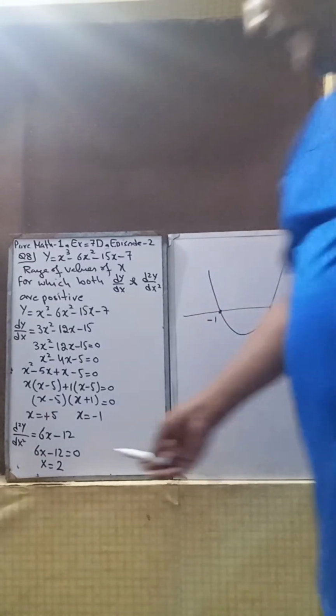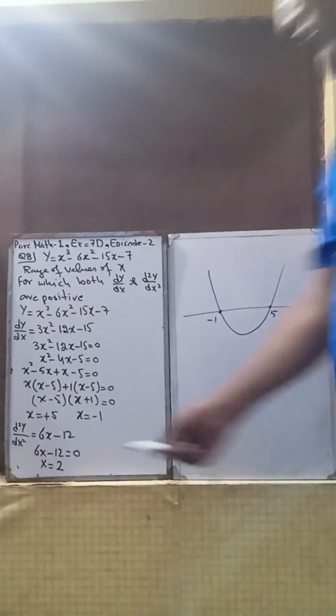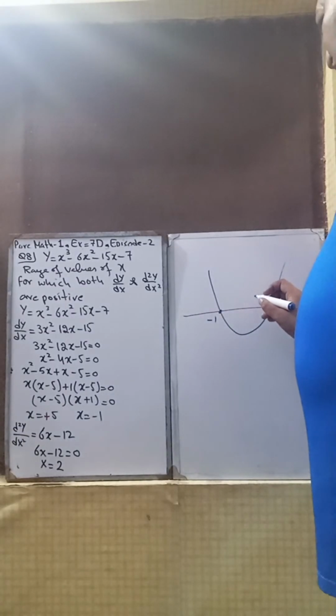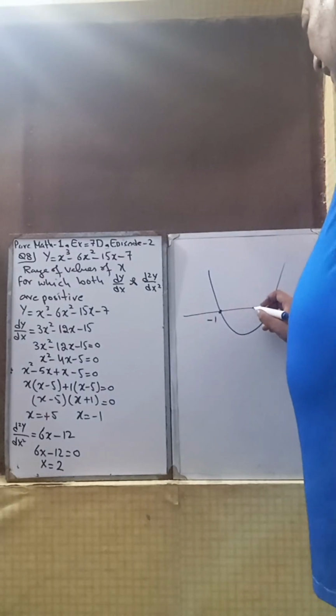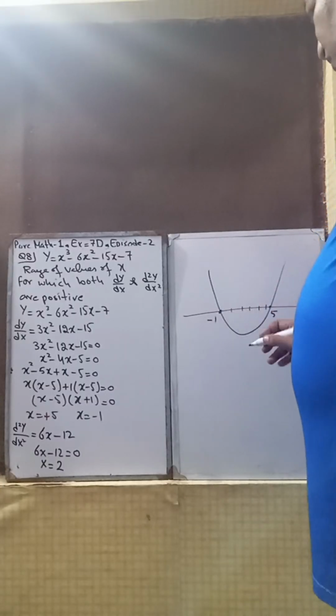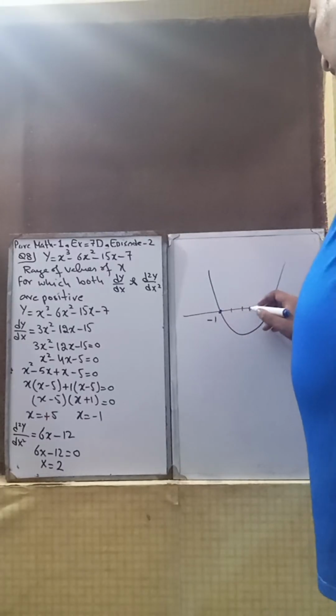And this is a straight line graph, its gradient is positive, and it's going to cut the x-axis, where y is 0, at 2. Suppose this is 0, 1, 2, 3, 4, and this is 5.